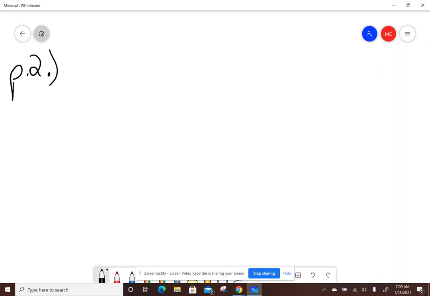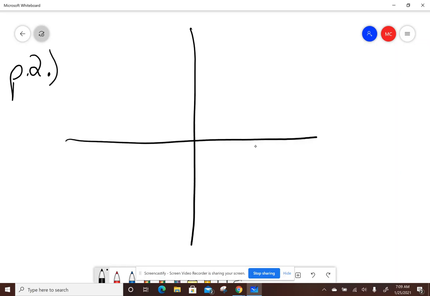And on page 2, they show you a coordinate plane, and we are going to go over the coordinate plane. Now, the coordinate plane is created by drawing your x-axis. Your x-axis looks just like a number line.